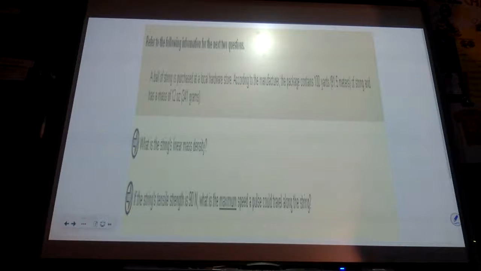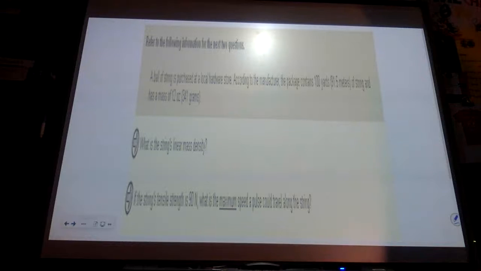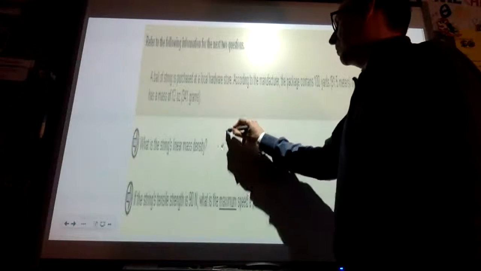All right, so a ball of string is purchased at a local hardware store. According to the manufacturer, the package contains 100 yards, 91.5 meters of string, and has a mass of 341 grams. What is the string's linear mass density?